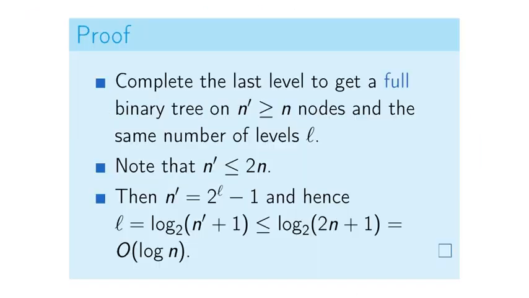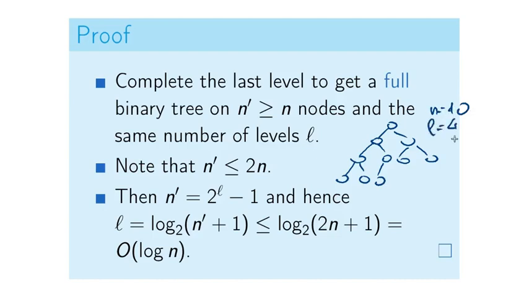Well, for this, consider our complete binary tree, and let me show a small example. So assume that this is our complete binary tree. So in this case, n is equal to 10 and the number of levels L is equal to 4. Well, let's first do the following thing.